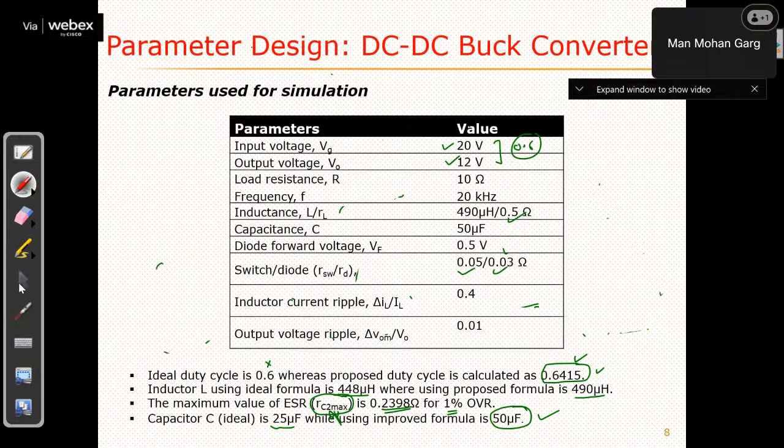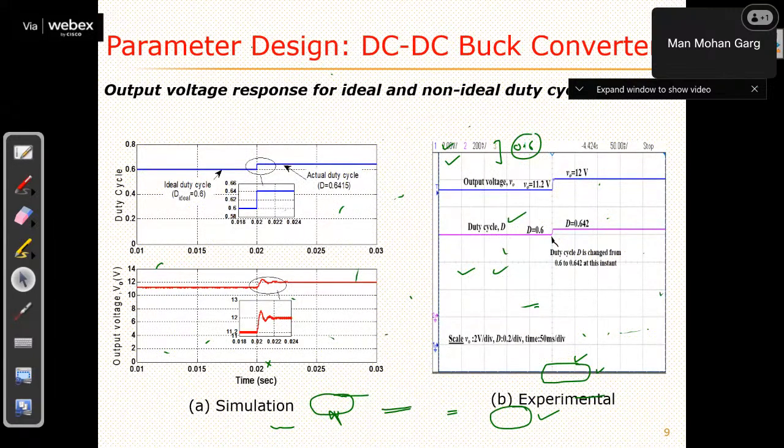Okay, so a few results show this study here. You are seeing here simulation as well as hardware experimental results: if you are giving 20 volt input and keeping duty cycle to be, let's say, 0.6, then what is happening? You are getting the output voltage which is less than 12 volt, right?